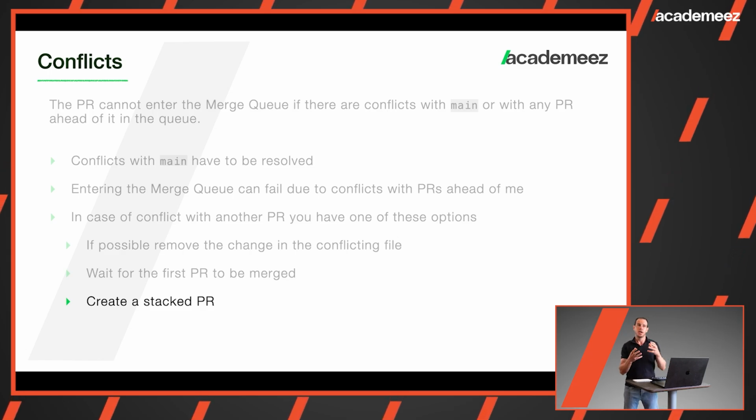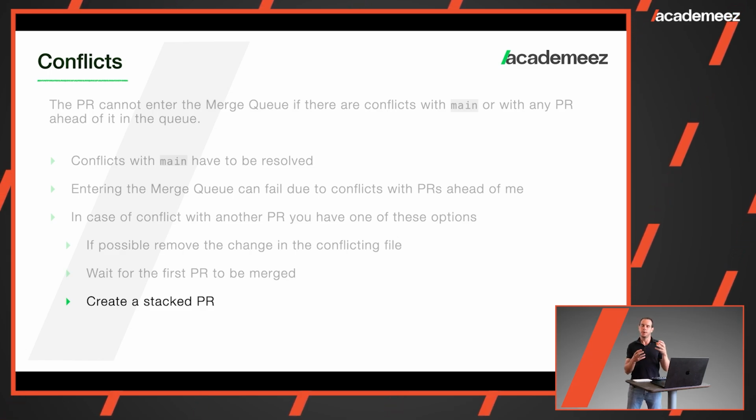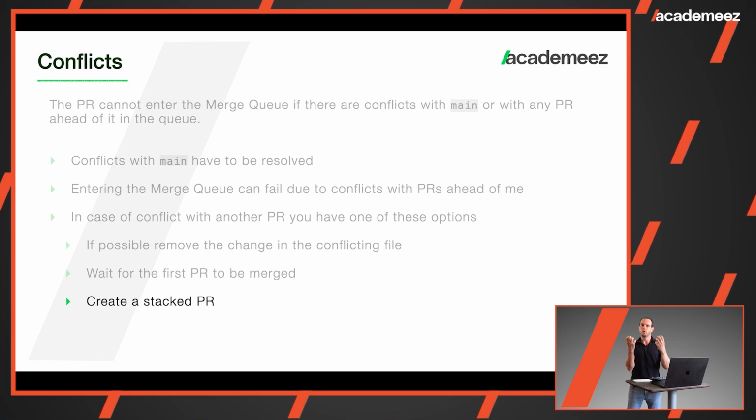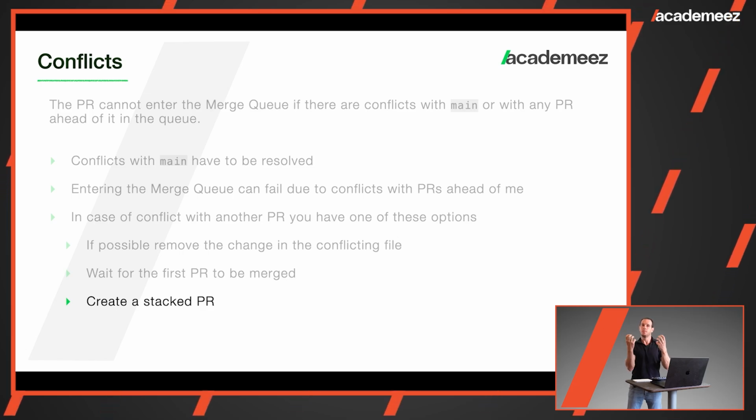Or if you think you have conflicts with a PR and you think that those PRs are related, you can create a stacked PR, meaning instead of taking your PR and creating a pull request to be merged to main, you can create a pull request to be merged to the conflicting PR.